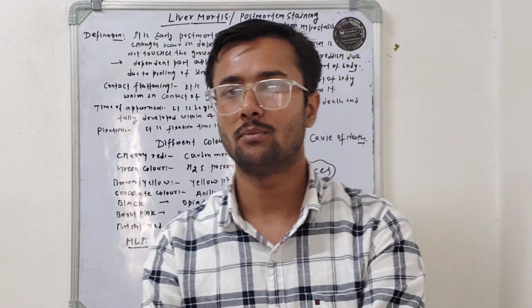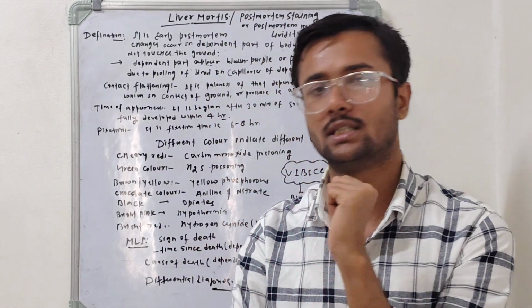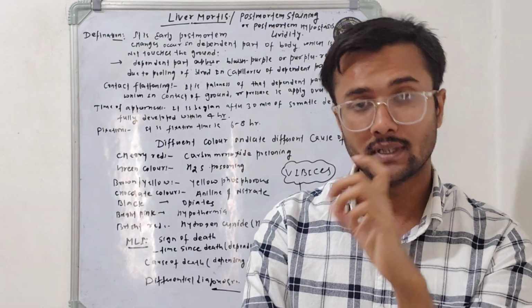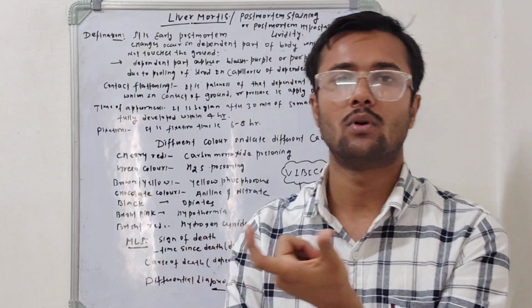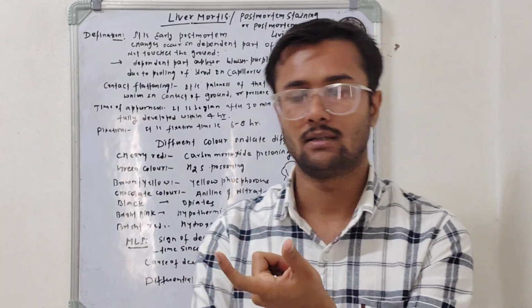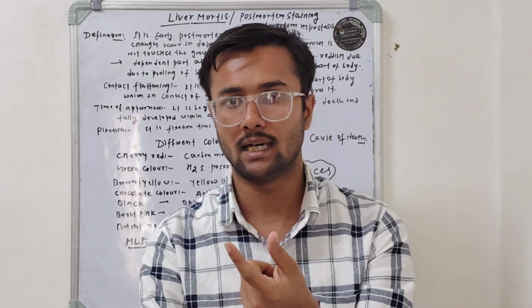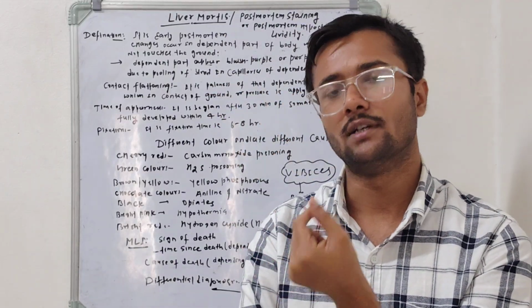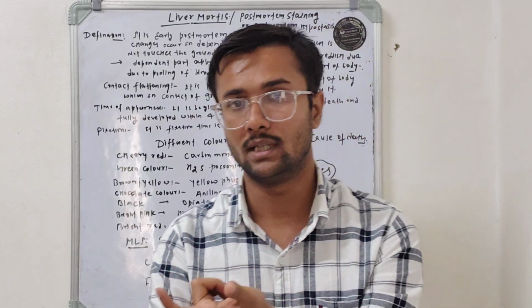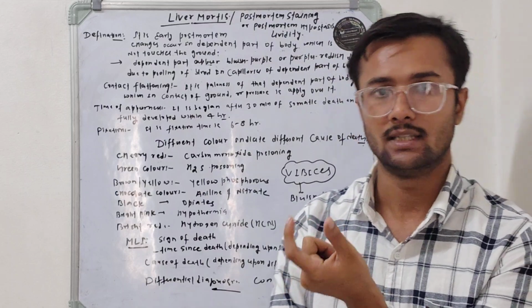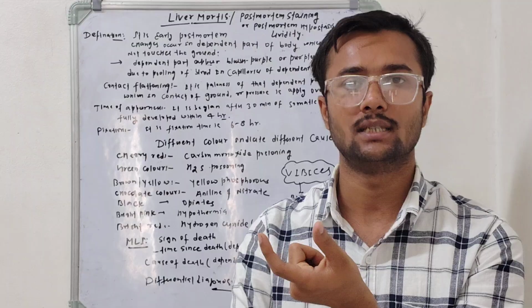The second important point is that these dependent parts of the body do not touch the ground, because if they touch the ground, there is no possibility of stasis of blood, because the blood capillaries are in a compressed state. If the blood capillaries are compressed, how is there a possibility of stasis? Stasis is only possible if the blood capillaries are dilated.